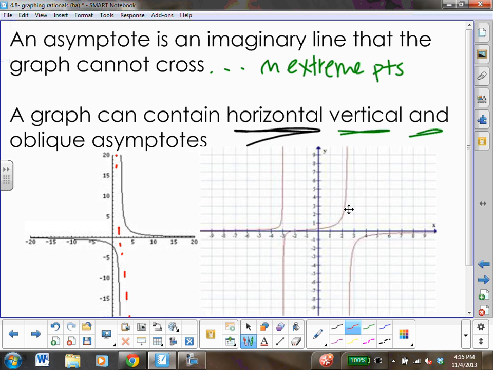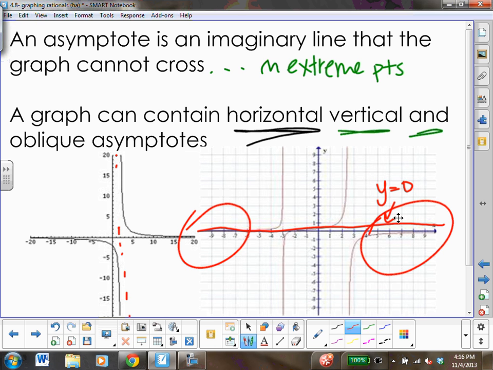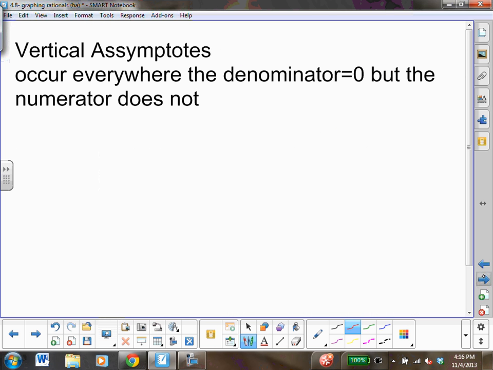Now this asymptote where y equals 0 for the horizontal, notice the graph does cross the horizontal asymptote in the middle, but it's the extreme points that we want to focus on for our horizontal asymptotes. Vertical asymptotes occur everywhere where the denominator equals 0, but the numerator does not. So our focus is looking at where the denominator equals 0.